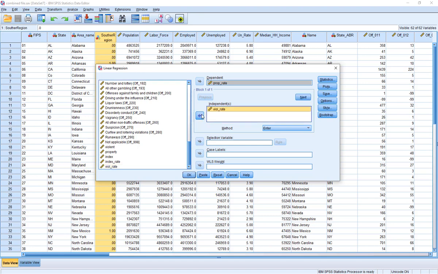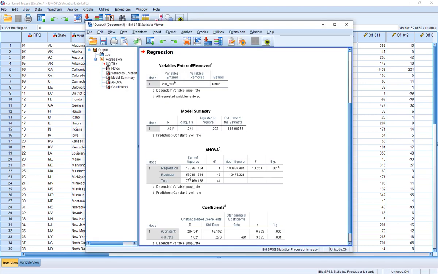Now, what's interesting here, and this only applies to bivariate regression, is that I could treat it the other way around and my results would be exactly the same. One is impacting the other, with no alternative explanations given. That being said, once we get into multivariate regression, that assumption is no longer valid. So I'm simply going to identify these two. I've brought them both over, and then I'm simply going to click on OK.